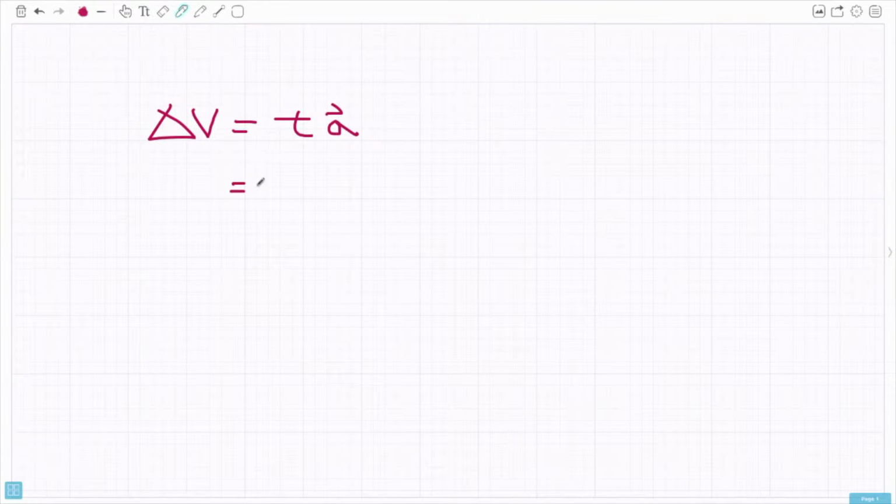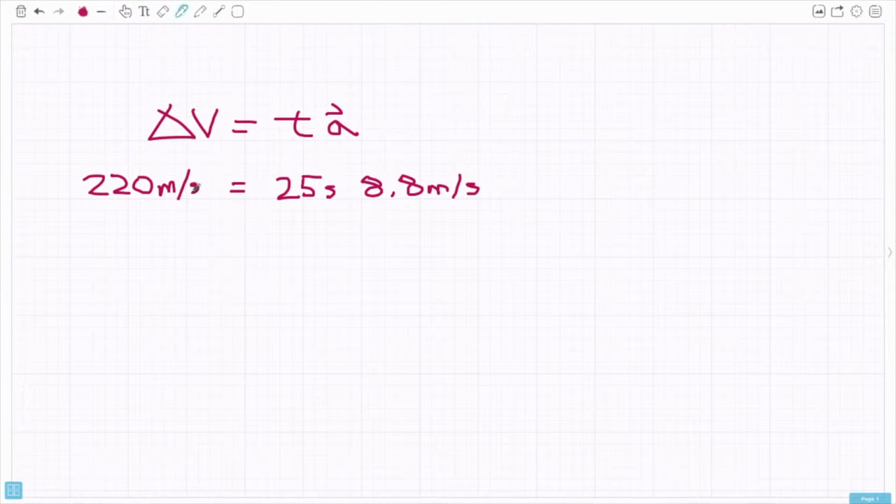So we know that the whole process took 25 seconds and that the car was accelerating at 8.8 meters per second squared. By calculating this, we can determine that the car's change in velocity will be 220 meters per second forwards.